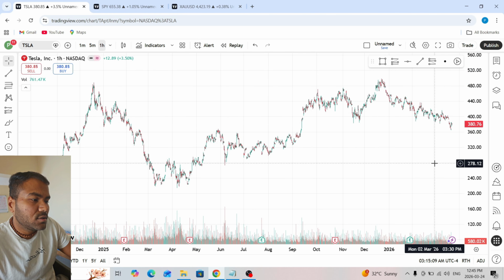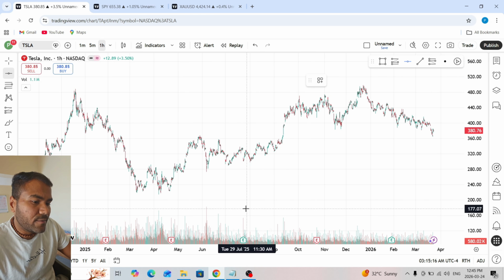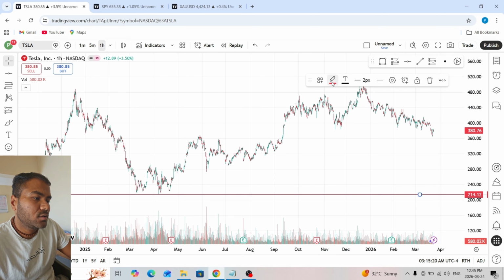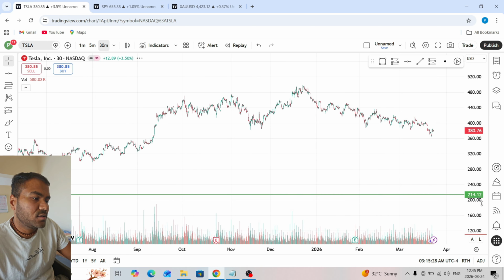So let's take the 1 hour time frame. For the 1 hour time frame, the lower low will be your support line. We change our time frame to 30 minutes.